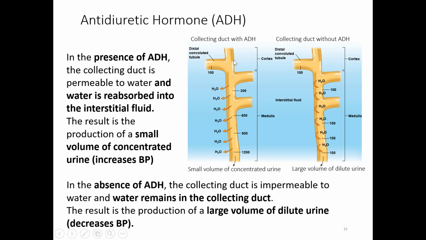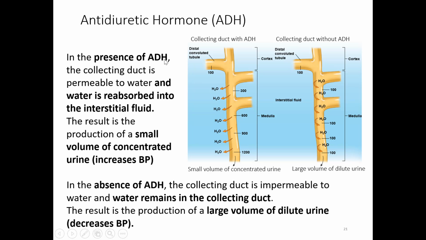Now, antidiuretic hormone. Mostly it works with the collecting ducts. When it is present, it helps cells right here in the collecting ducts to insert new aquaporins and open them. Aquaporins are proteins that help with water reabsorption.